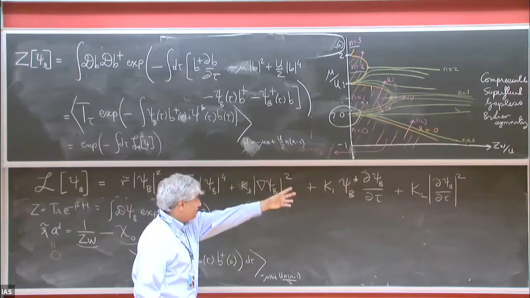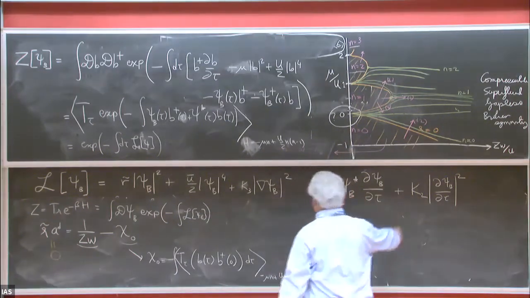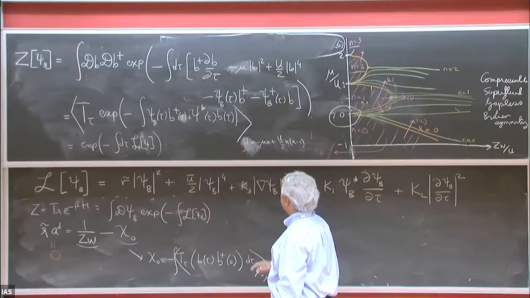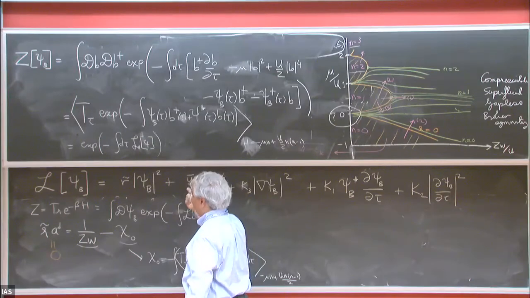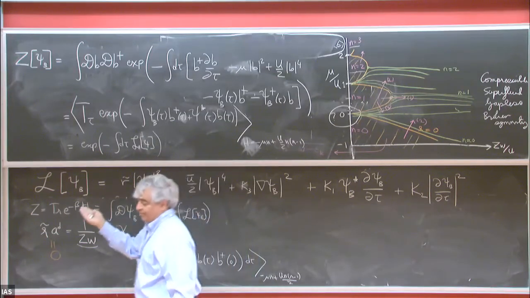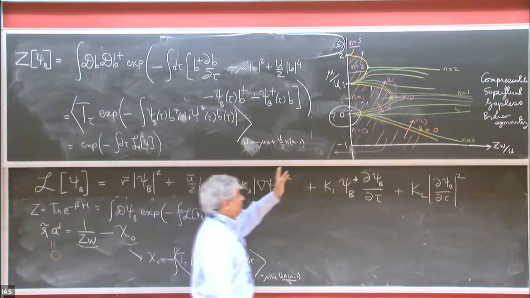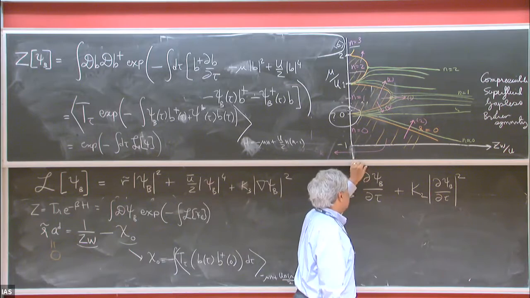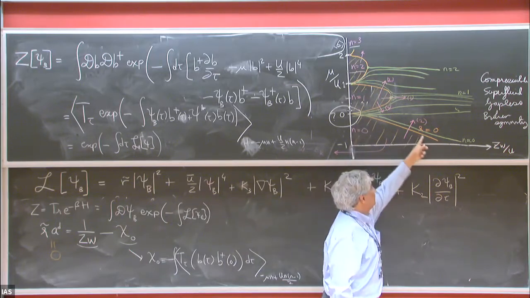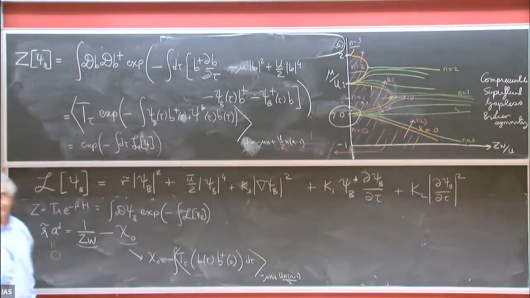Along that first line, you get exactly the theory we had last time. K2 is exactly 0, K3 is just given by the band dispersion, U is just the actual U of the Hubbard model, and r is just the chemical potential. So at least at zero temperature, this theory is trivial and is exactly the Bogoliubov theory we talked about last time along this line. But along the other line, it's complicated. We don't know exactly what it is.